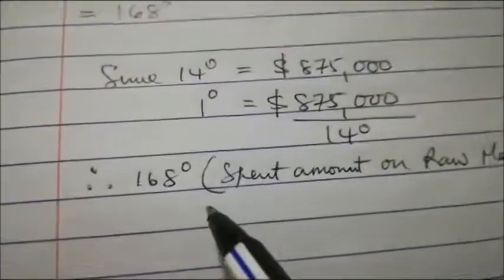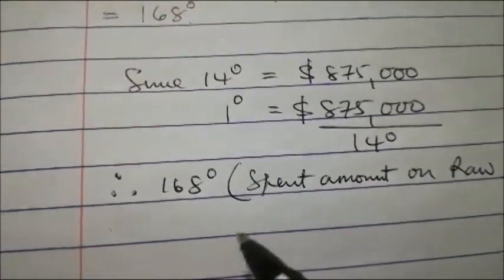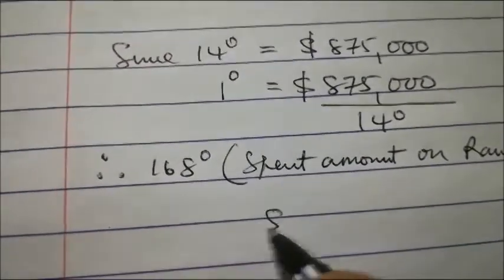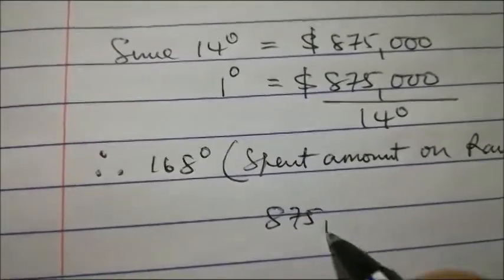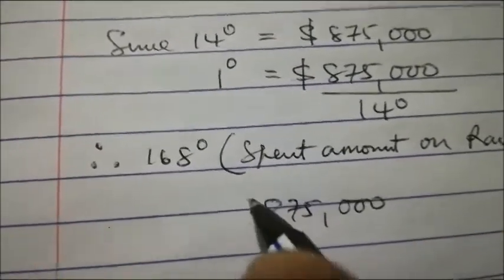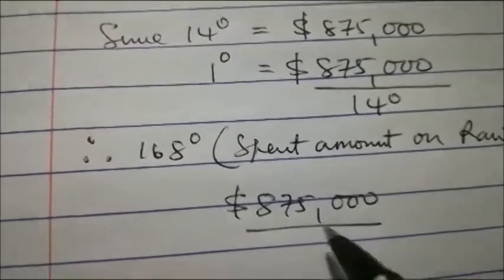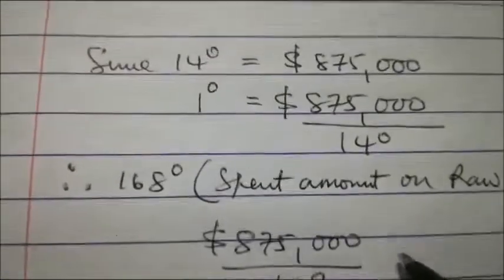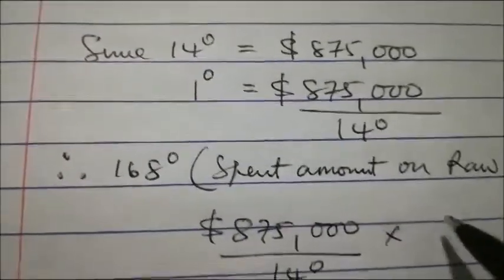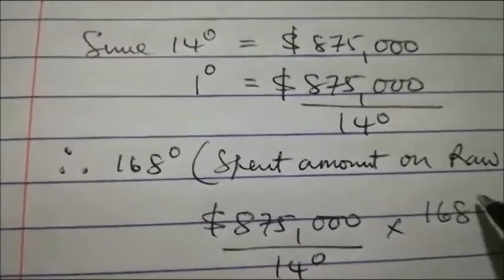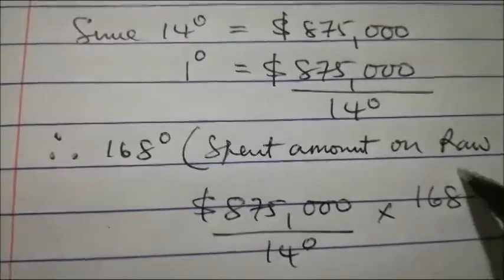This is going to be equal to 875,000 over 14 degrees multiply by this 168. So the degrees will cancel.